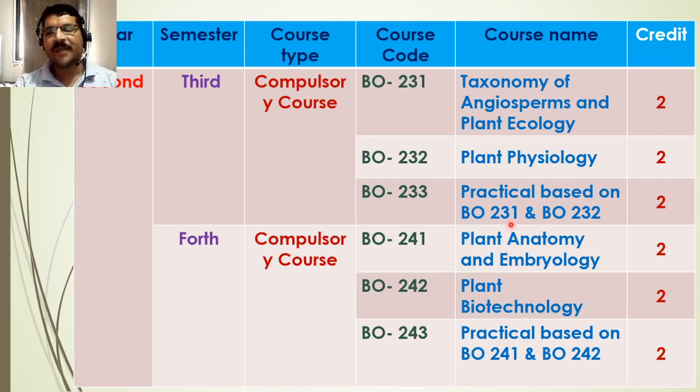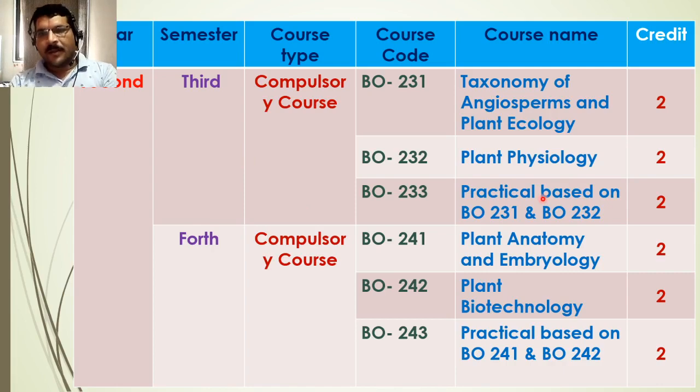So in this way, the third semester has 3 subjects and the fourth semester has 3 subjects. So a total of 6 subjects are there, which have 12 credits. So SY B.Sc is of 12 credits, FY B.Sc was of 11 credits.